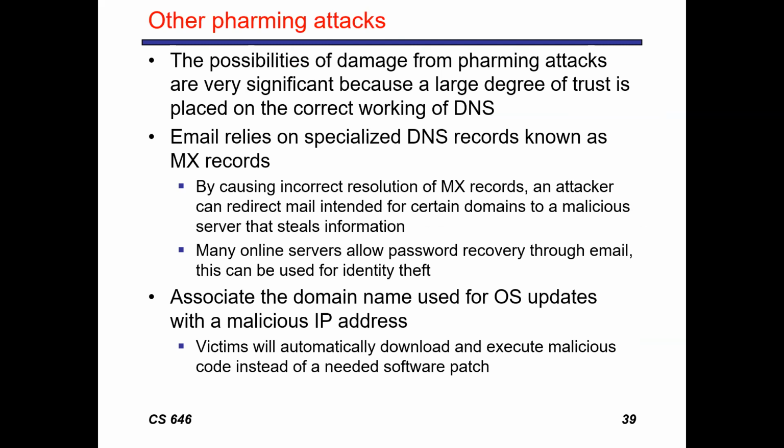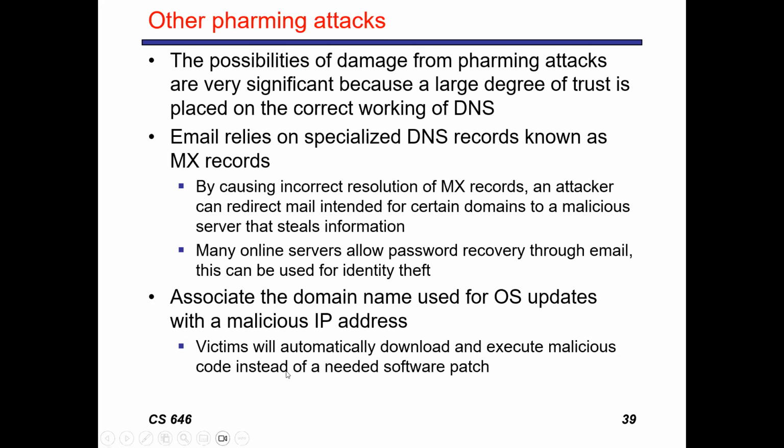Now, the damage of pharming attacks is very significant because there's a lot of trust placed in how the DNS actually works. For instance, emails also rely on the DNS records, right? Because the DNS provides the IP addresses of the mail exchange server.